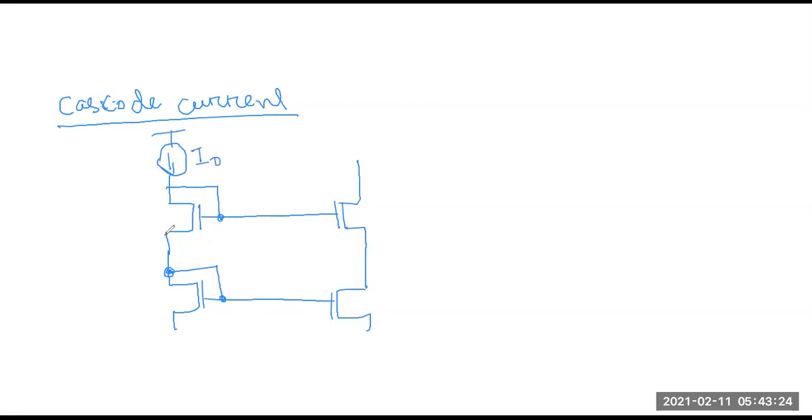This is I0. This is the circuit. So now see, this is your cascode current mirror. Suppose this is M1, M2, M3, M4.